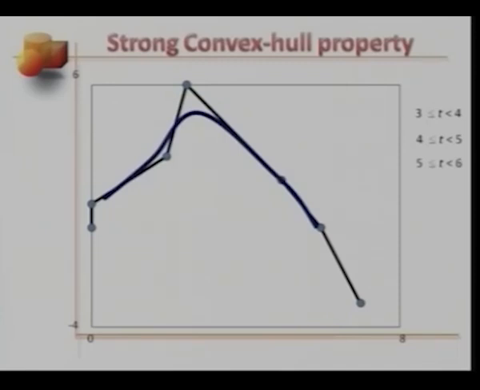For t in the third knot span, a little segment of the B-spline curve will be within this convex hull defined by the third set of 4 design points. And finally, for t in the last knot span, the convex hull will be given by the last 4 design points.